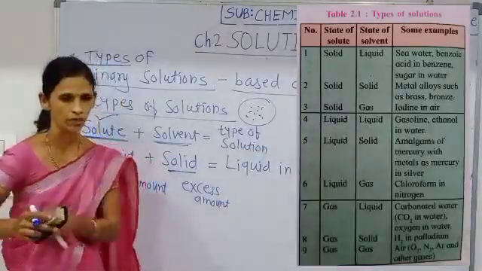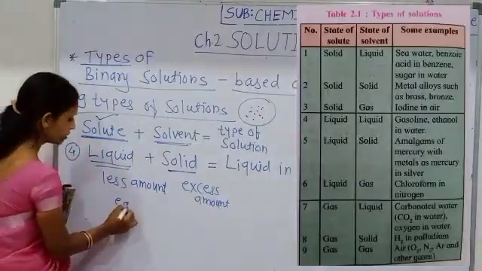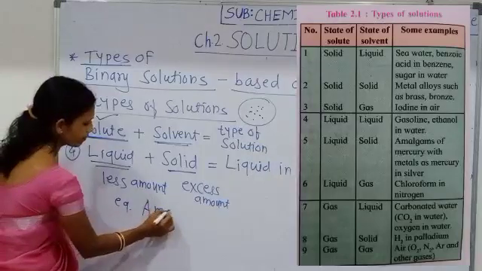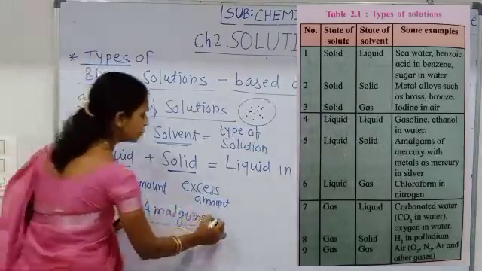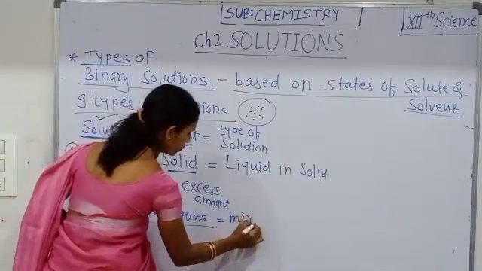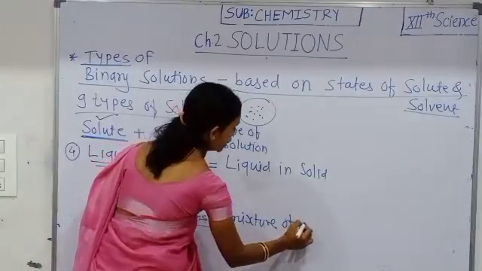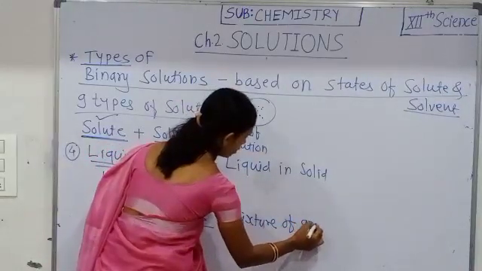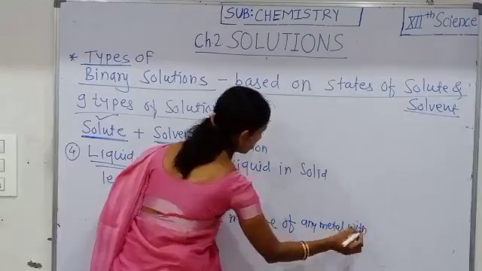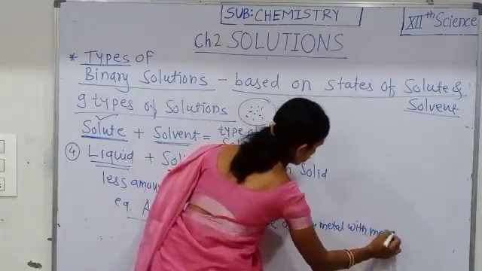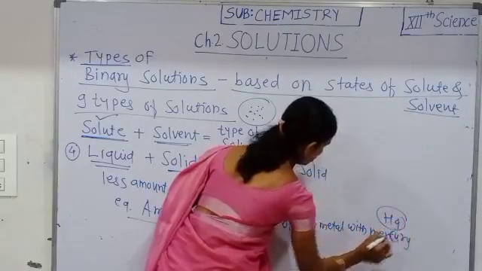therefore that is an example of liquid in solid type. And a few more examples, that is amalgams. Amalgams are nothing but a mixture of any metal with mercury, that is Hg, mercury.